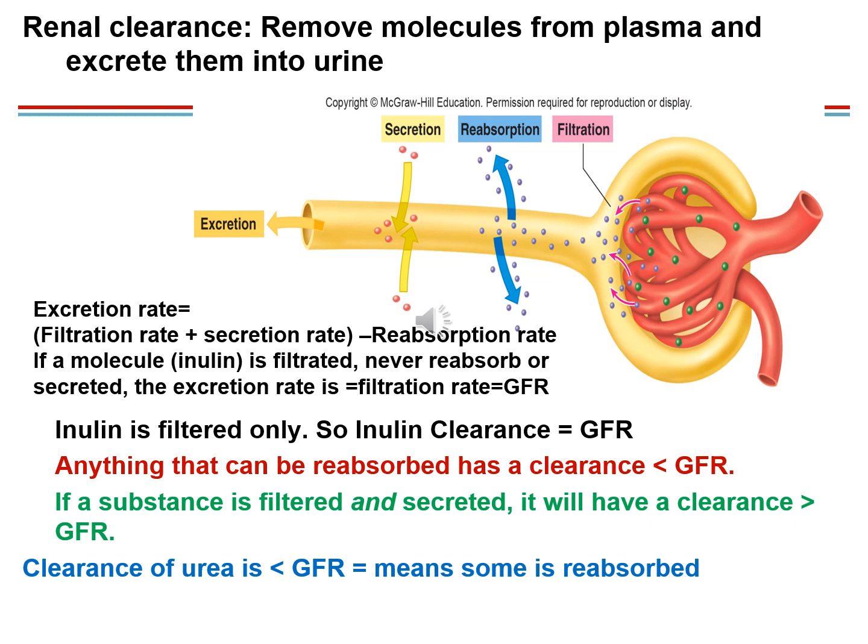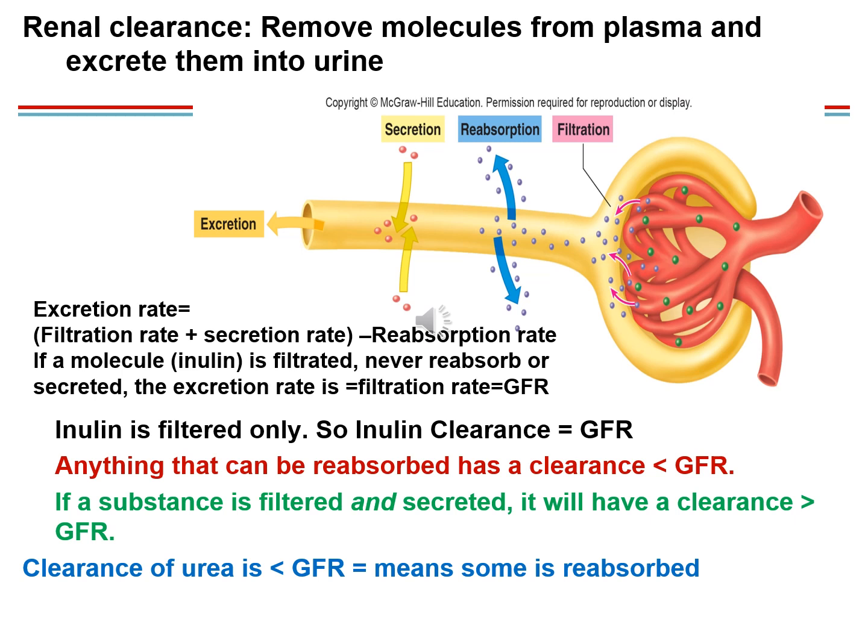Now, go back to the values of the glomerular filtration rate. The normal average glomerular filtration rate is around 125 milliliters per minute combined between the two kidneys.